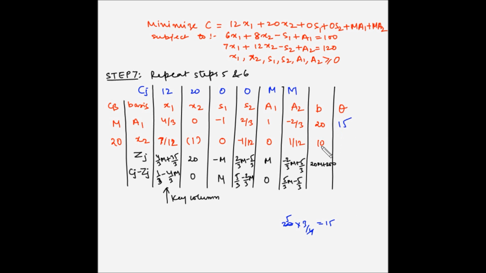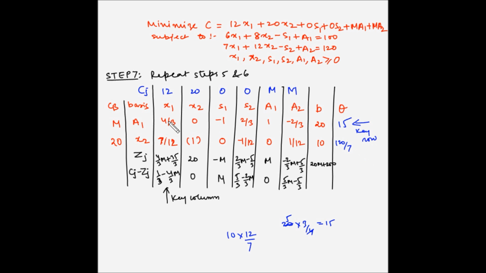And then 10 divided by 7 by 12, which is 10 multiplied by 12 by 7. So this is 120 by 7. Now 120 by 7 is 17.1. So out of 15 and 17.1, 15 is smaller.